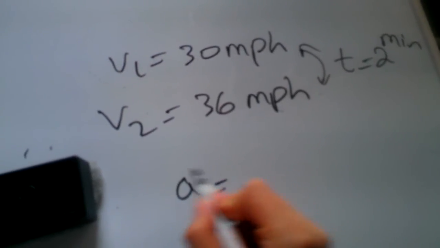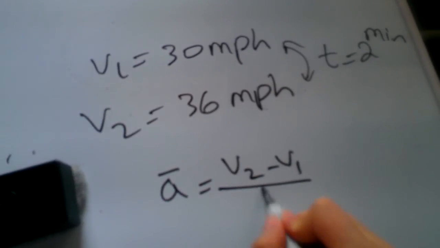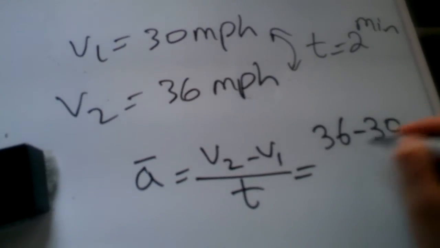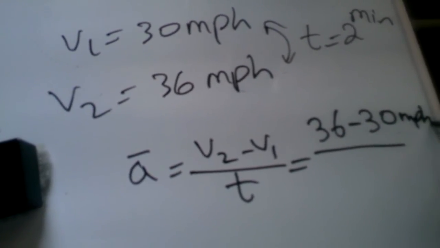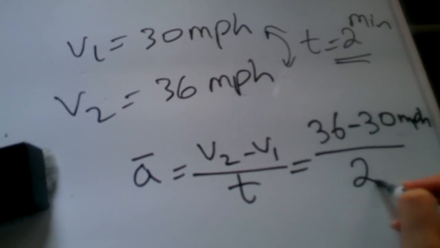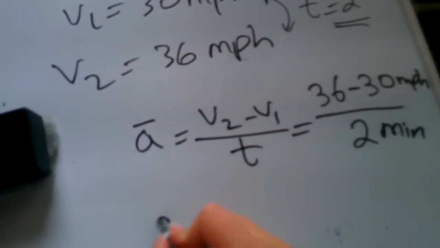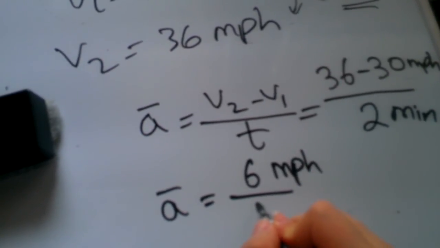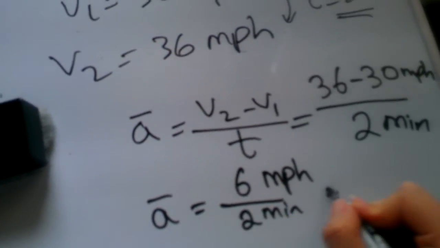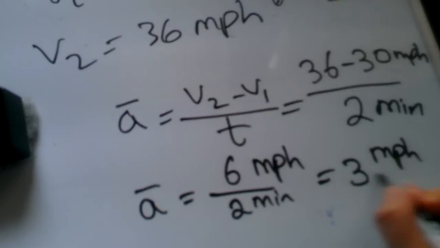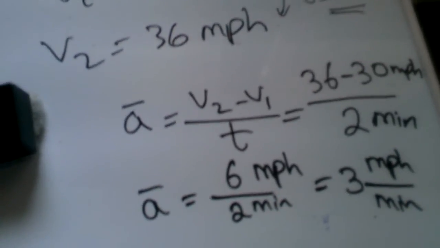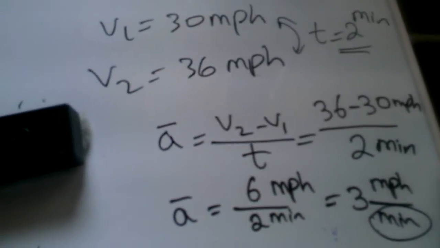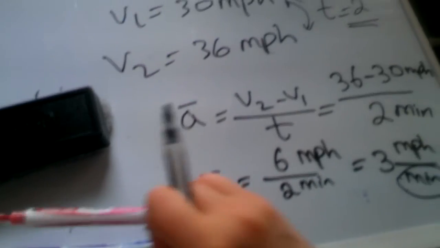Average acceleration is the change in velocity over time, which is 36 minus 30 miles per hour over 2 minutes. So average acceleration is 6 miles per hour over 2 minutes, which gives me 3 miles per hour per minute. You could convert minutes into hours if you like. However, if you're not asked about it, don't bother.